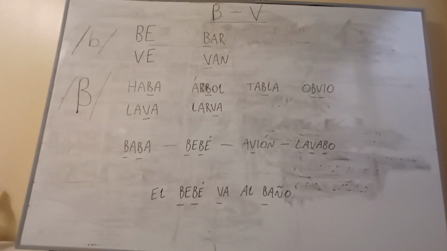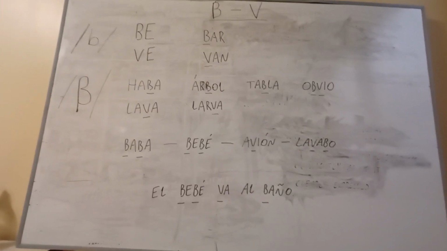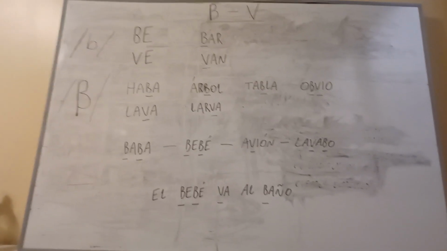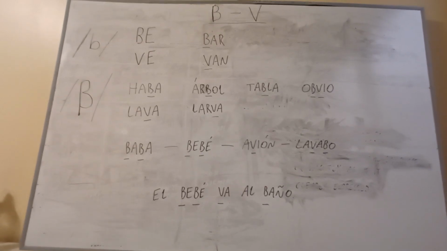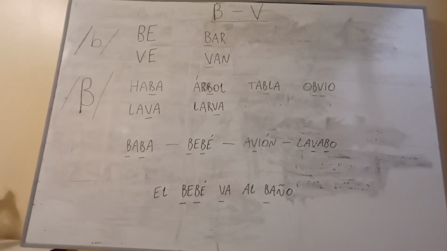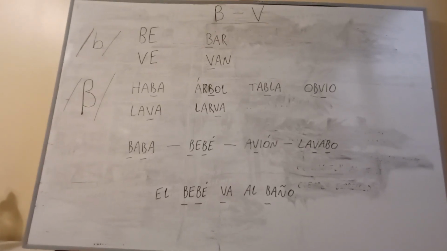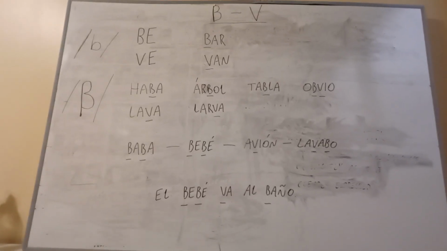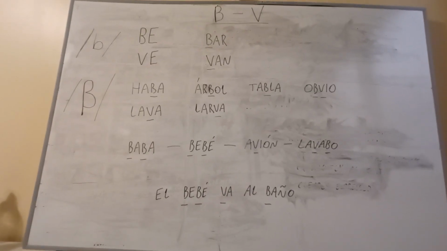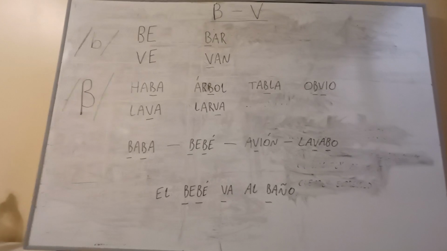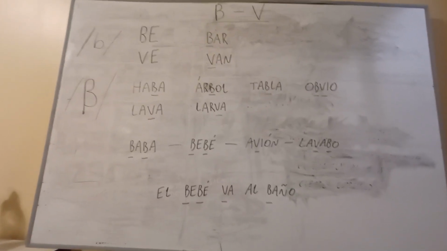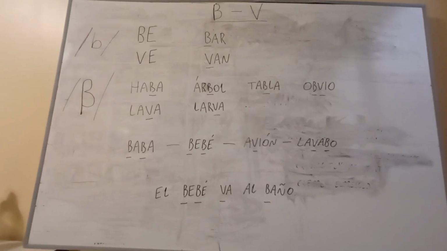So the two B's that are underlined have different pronunciation. Ba-va. So the first one is bilabial and the second one is an approximant.